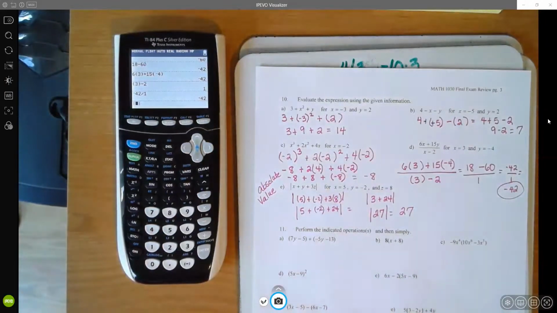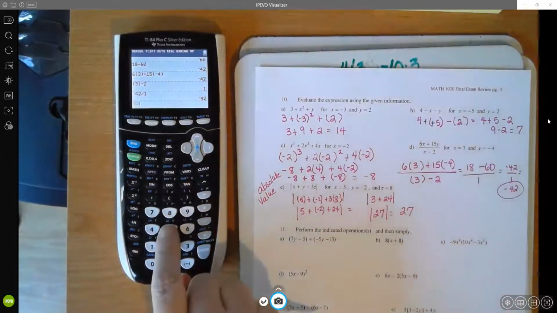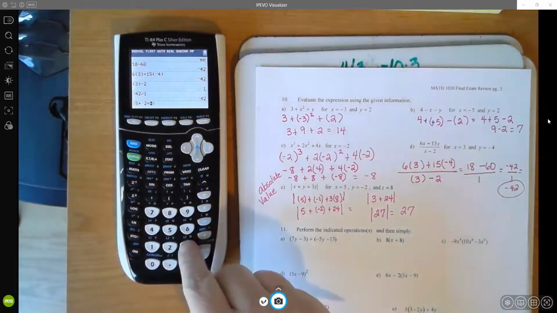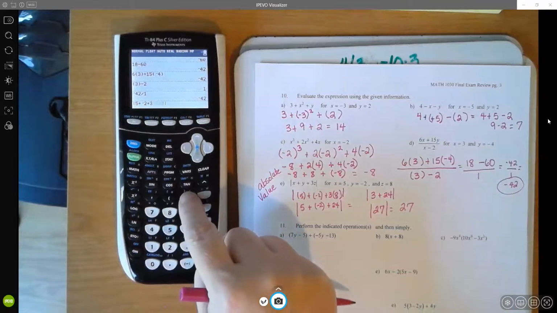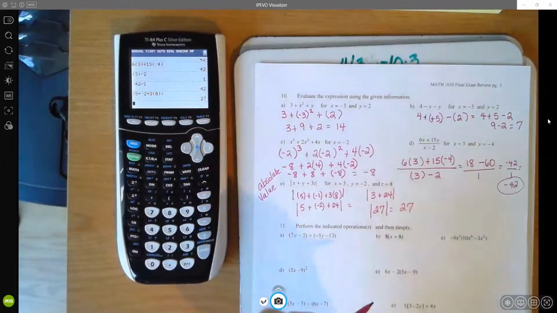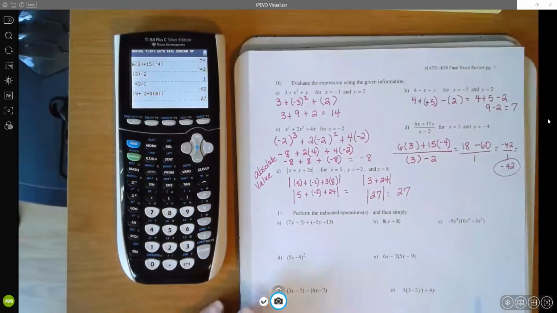So if yours says ABS in a parentheses, you'll type it in and then end it there at the end. For me, I'll go 5 plus a -2 plus 3 times 8. And I didn't put those in parentheses because they were fairly simple. And there's the 27.